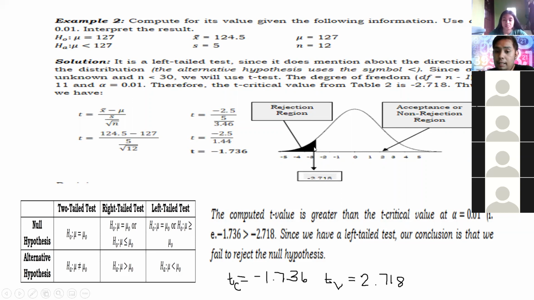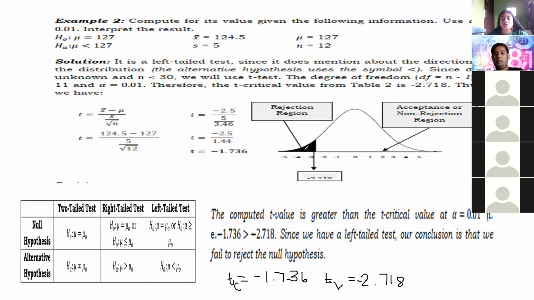Ba't siya naging negative? Kasi dito siya, left. So this will be negative. Sorry, nakalimutan kong i-negative siya. That will be negative 2.718. Bakit po siya naging left?